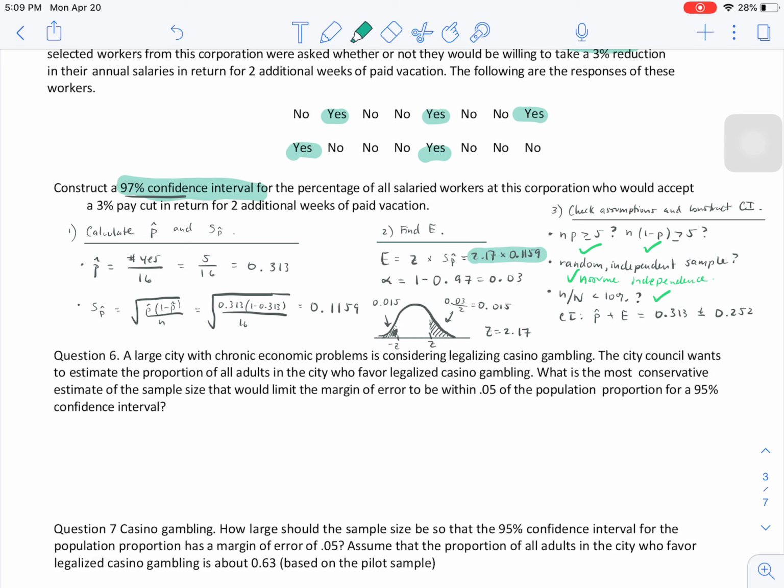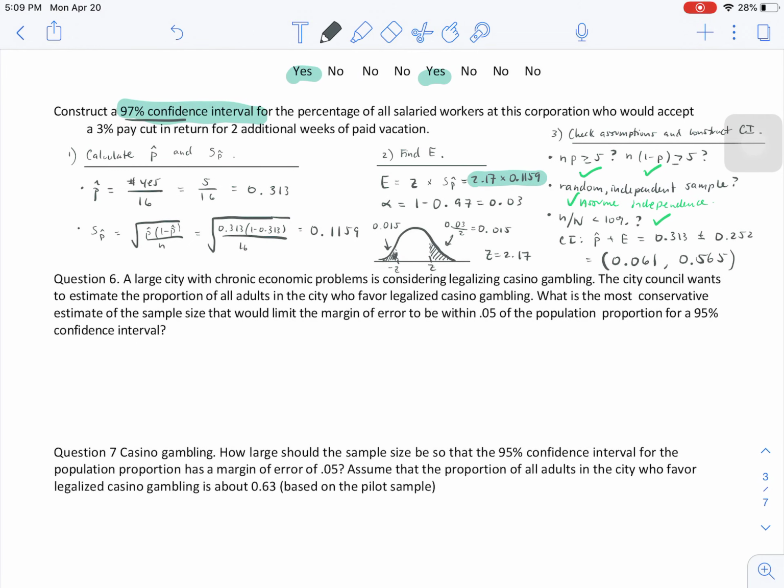So if I now plug in 0.313 plus or minus the margin of error, I should get the interval 0.061 to 0.565. In other words, we're 97% confident that the percentage of all workers at this corporation who would accept this deal is between 6.1% and 56.5%.